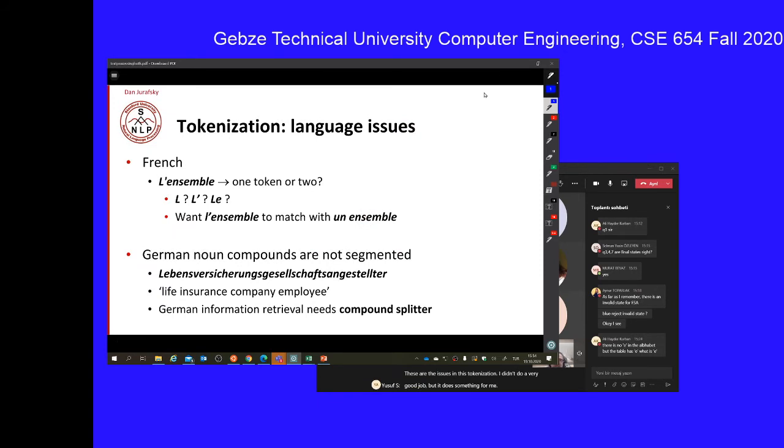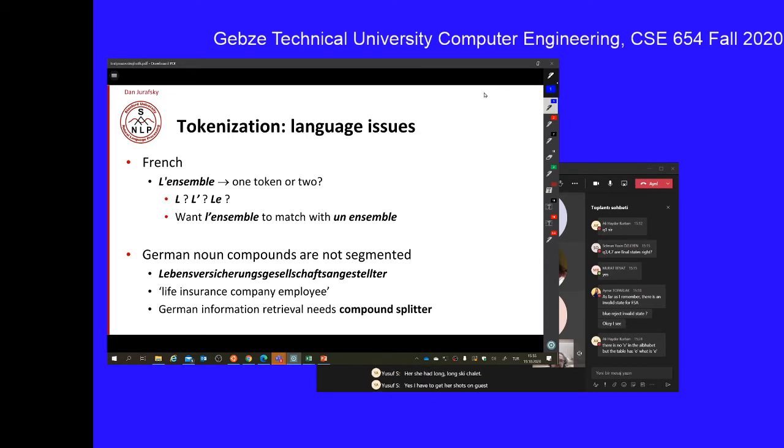Sometimes the things are very different for different languages. Does any of you know German? With the German noun compounds, okay, noun compounds, isim tamlamaları, they don't have any spaces between them. Lebensversicherung, Versicherungsgeselle, Gesellschaftsangestellte.